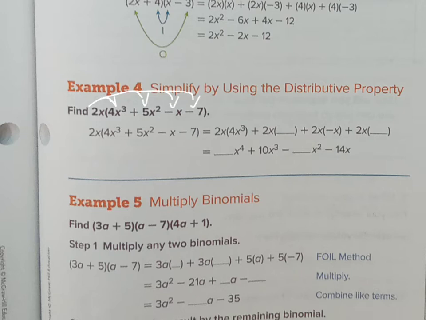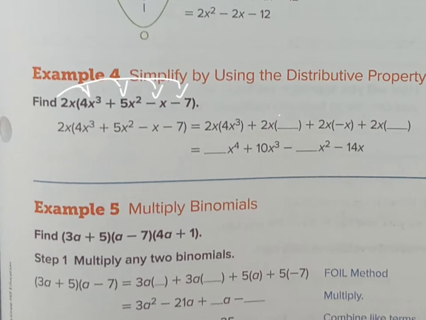Okay, they really drag it out and rearrange it. You don't have to do that. But they got 2x times 4x to the third, and 2x times 5x squared, 2x times negative x, and then 2x times negative 7. Don't forget when you're multiplying like bases, you have to add the exponents.